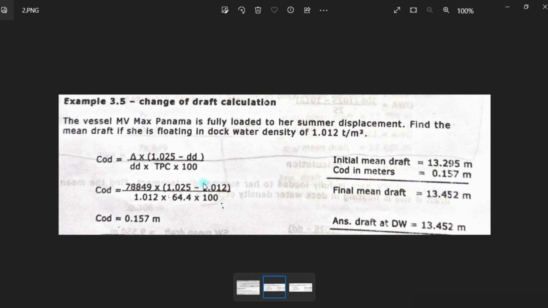And this is the formula. Summer displacement is 78849, and the constant density minus your present density, which is 1.012, over your present density, 1.012, times your TPC. What is the TPC of this displacement?